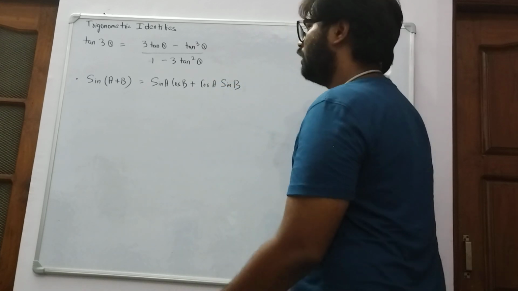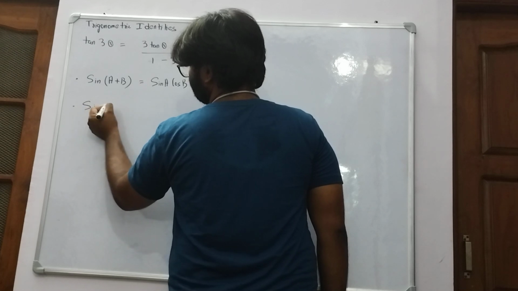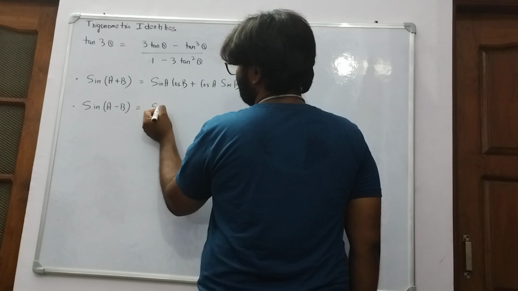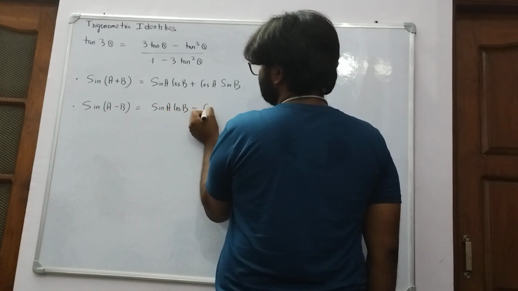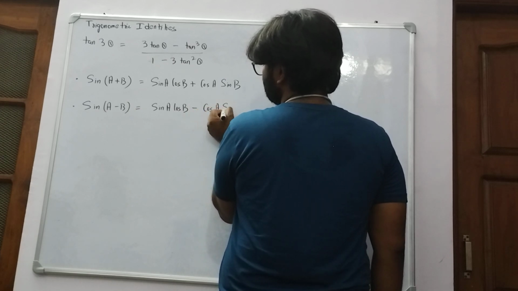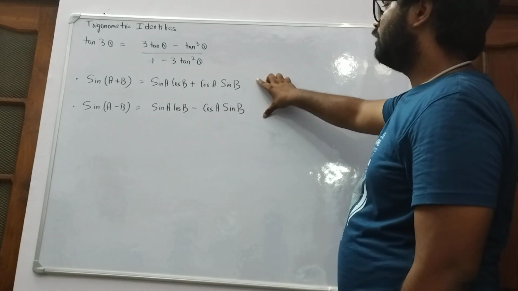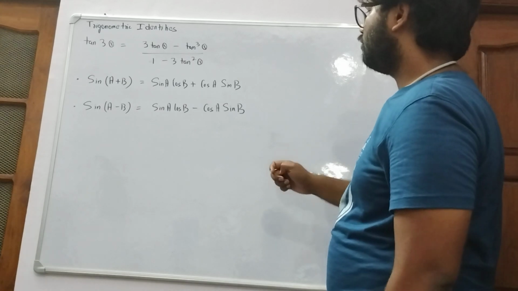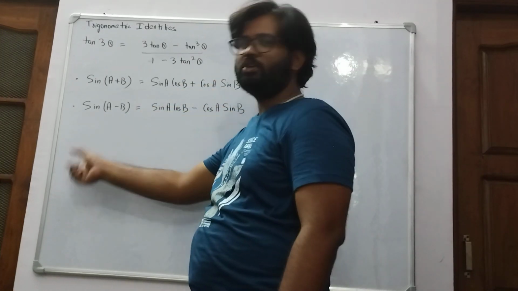Now the other formula, sin of a minus b, will be sin a cos b minus cos a sin b. From these two formulas, we will deduce another set of formulas. First of all, I am using these two formulas, then I will tell you the formulas for cos a plus b and cos a minus b.